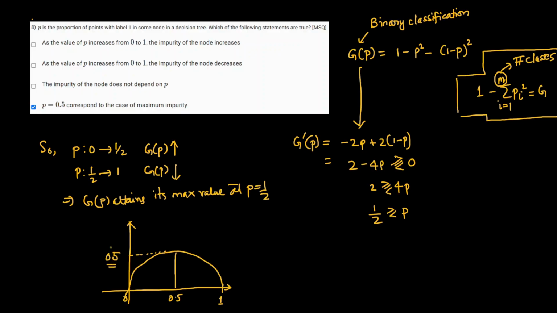Okay, the GINI index. So coming back to the question, we can say that the last option is definitely correct. The impurity of the node does not depend on P. This is wrong because it does depend on P. As the value of P increases from 0 to 1, the impurity decreases. This is false. In fact, it first increases, then decreases. So both of the first options are false.